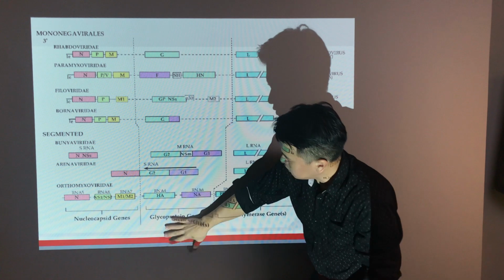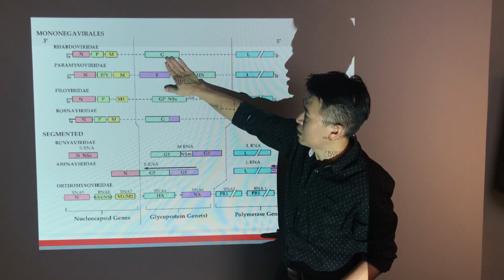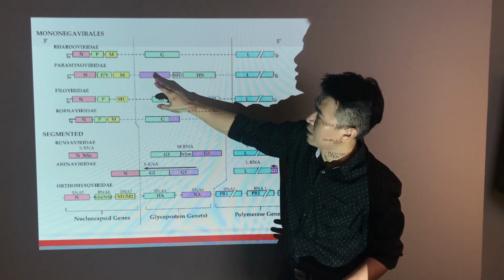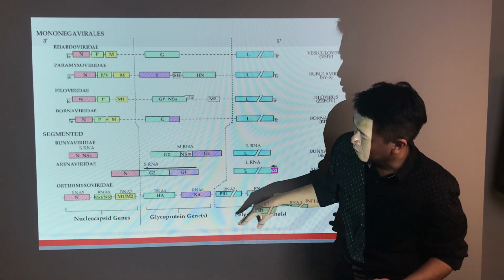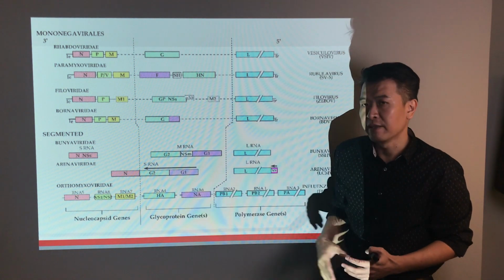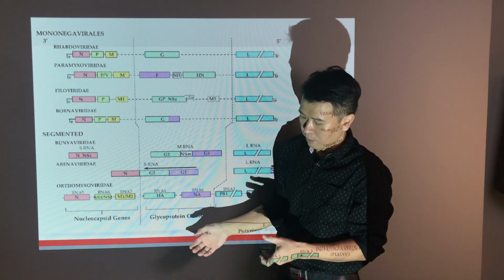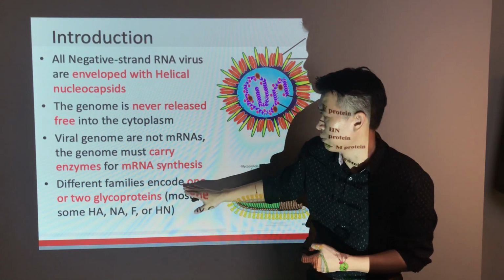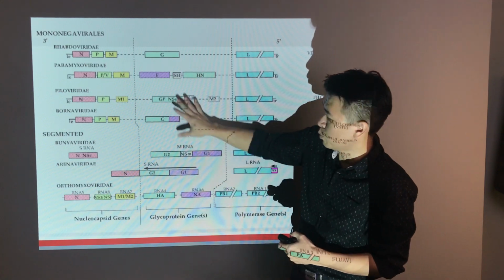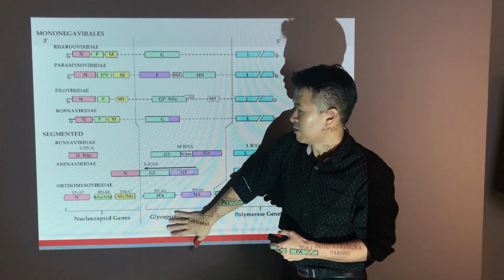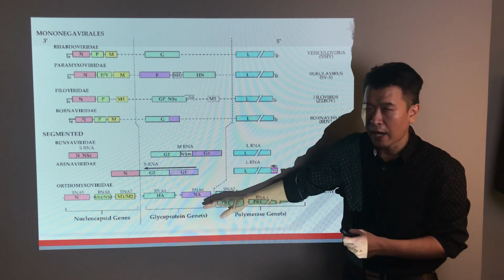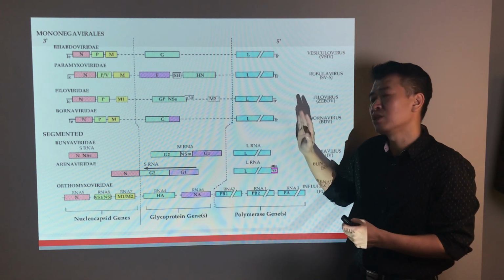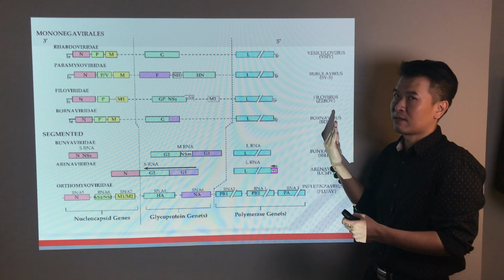In the middle, we have the glycoprotein: G, or HN and F, or HA and NA. This is what was meant in the previous lectures. Some have 1, some have 2, depending on the virus. And you will notice that most of the time, the polymerase gene will always be at the last.